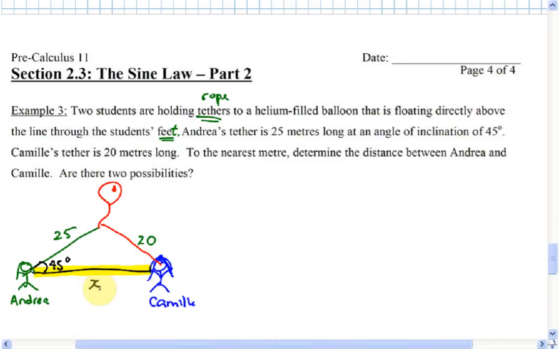So the question is, are there two possibilities? How can you tell if there are two possibilities?